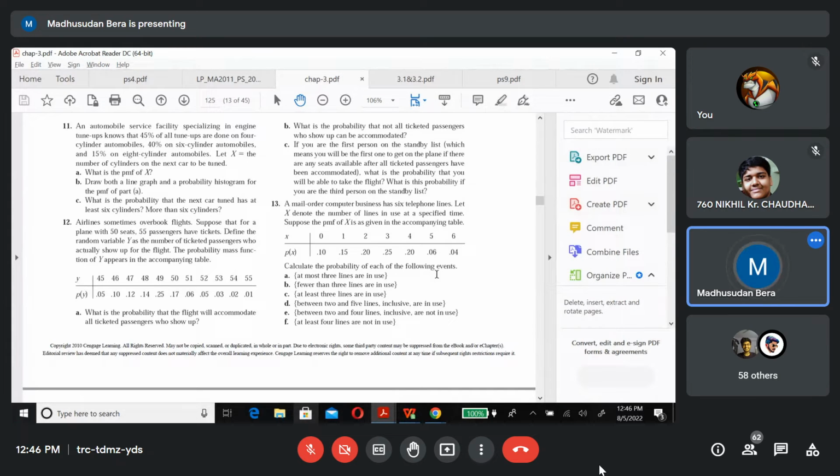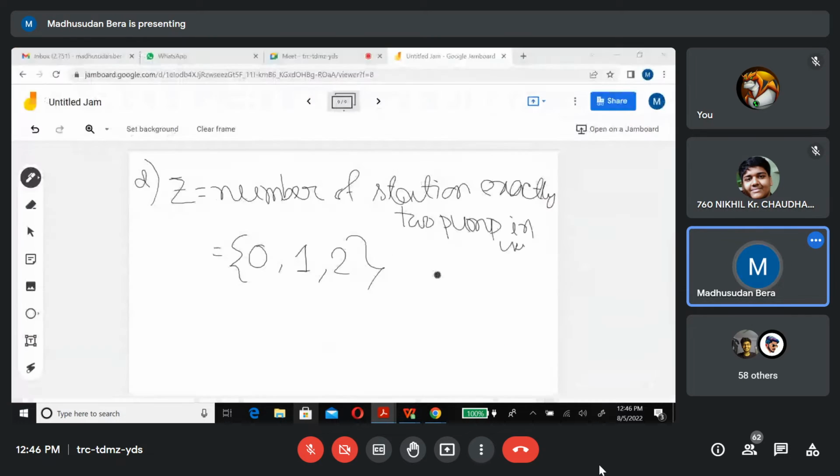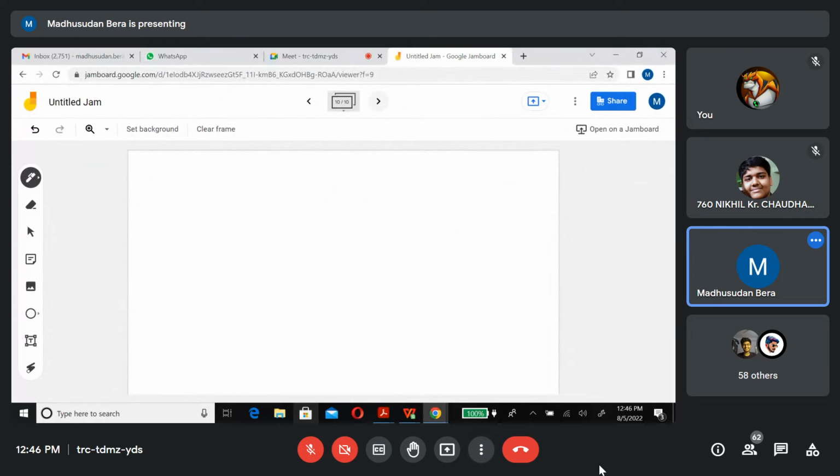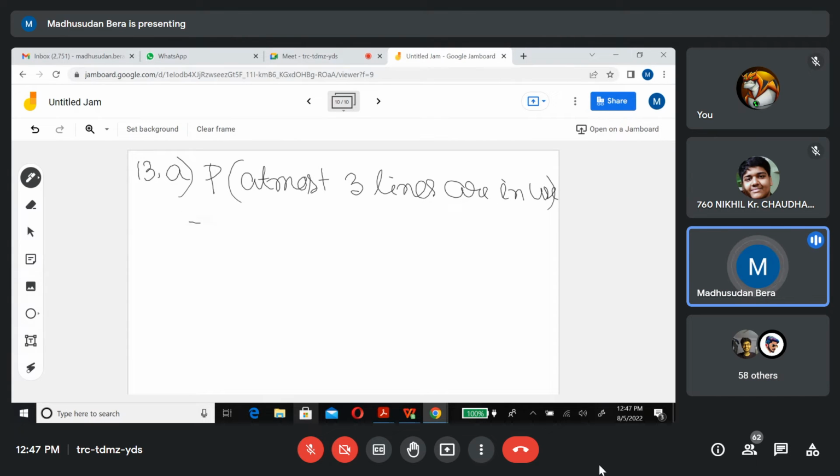First one, 13A: at most 3 lines are in use. What is the probability of at most 3 lines in use? X equals the number of lines in use.